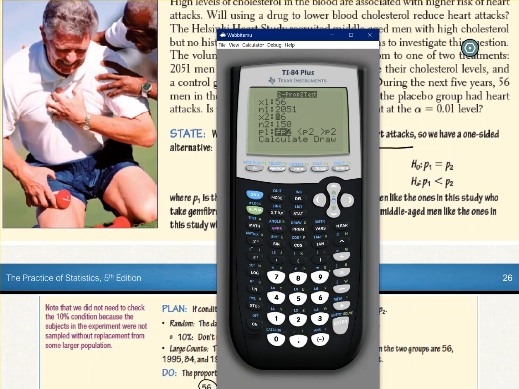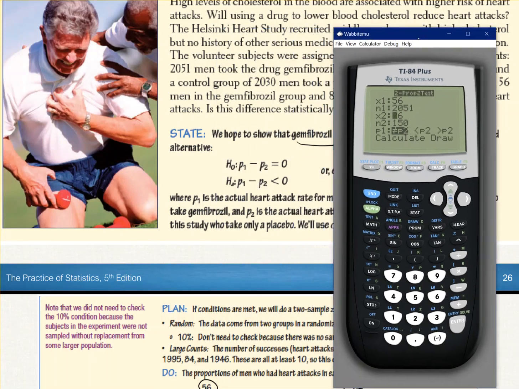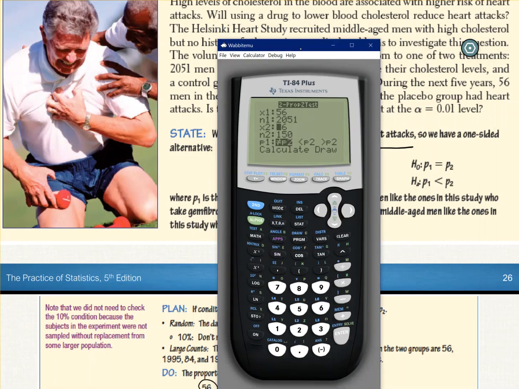And then we had 84 out of 2030. And this time we wanted P1 to be less than P2. Test statistic, negative 2.47. P is 0.0067.